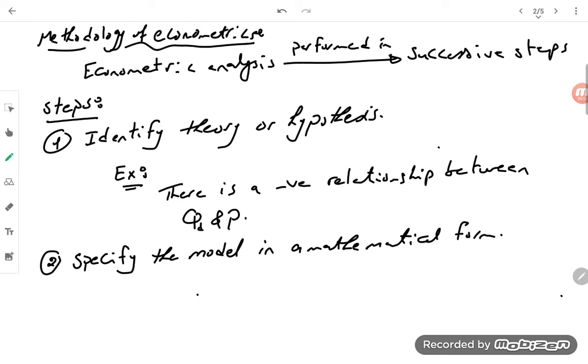Returning to our example, which studied the relationship between quantity demanded and the price, we can write the mathematical form in this case as QD equals A minus BP. So this is step number 2, just to write the economic theory or the hypothesis which you would like to test in a mathematical form.